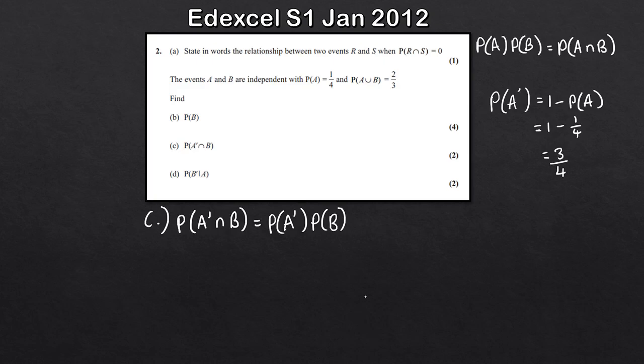So all I'm simply doing here is 3/4 times the probability of B. And the probability of B we just worked out was 20 over 36, or if you simplify that, 5 over 9. All we need to do now is evaluate this product here. So 3 over 4 times 5 over 9, which gives us 15 over 36, which we can simplify to 5 over 12.